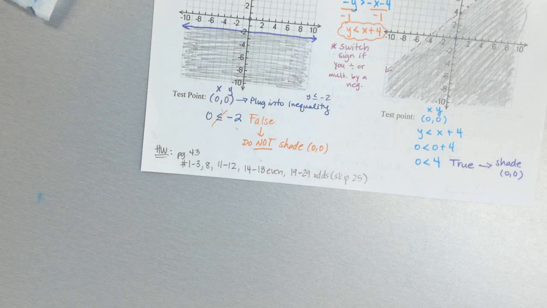So again, if you use a scale other than a 1, just tell me what you're scaling by. If you do work up in your notebook, then you can take a picture of that. Make sure that wherever you're working, you're turning that in with you.